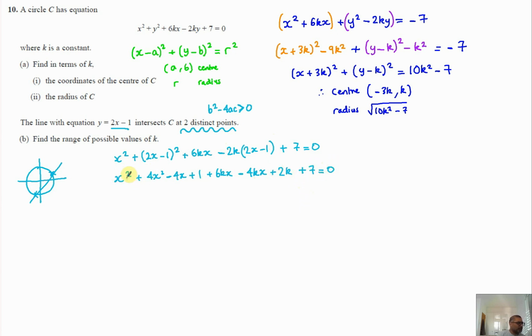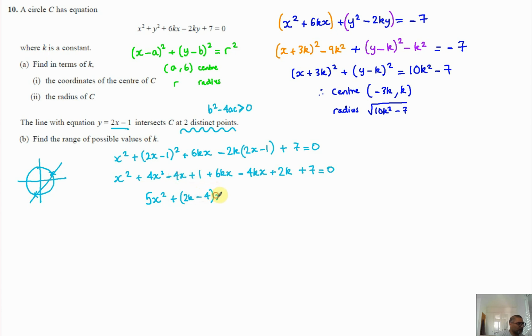So again, let's neaten this up. x squared plus 4x squared gives me 5x squared. Now, in terms of my coefficients of x, I've got minus 4, 6k, and minus 4k. So if we combine those, minus 4k plus 6k gives me 2k, and I've got a minus 4.